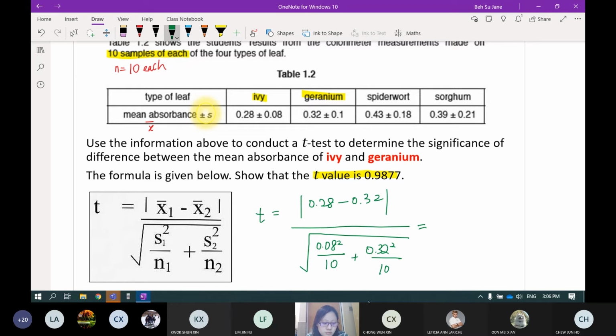Oh, pressed the wrong button. Don't forget to modulus the top. I pressed something wrong.